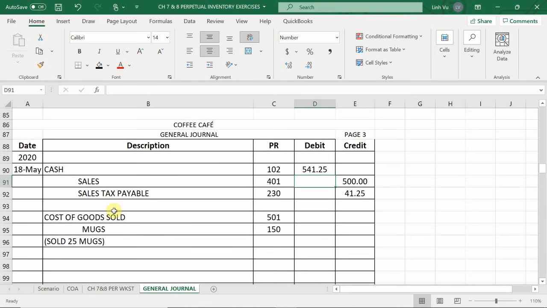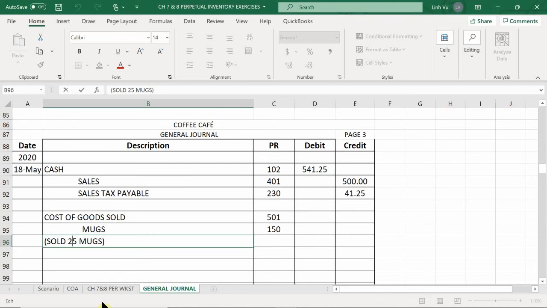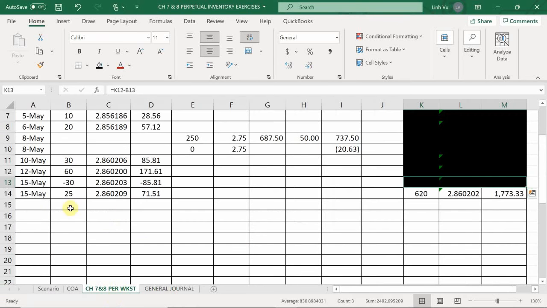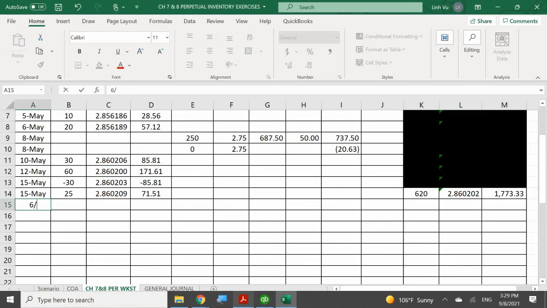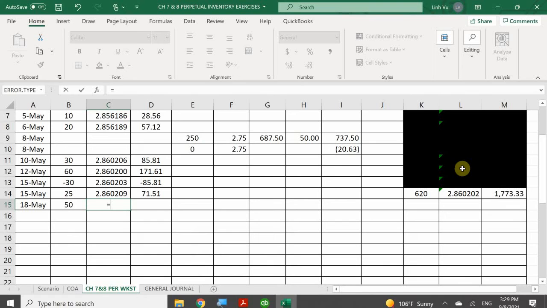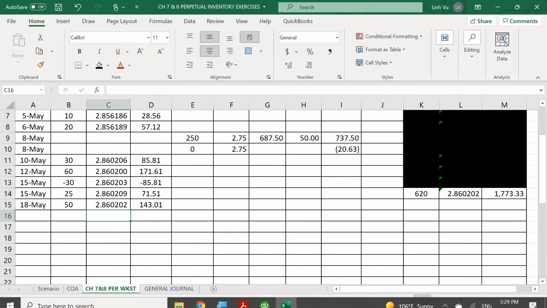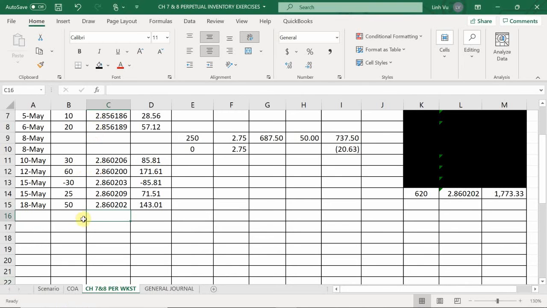And now we need to calculate our cost of goods sold because this time we sold 50 mugs. So cost of goods sold. Okay, inventory worksheet. It is 615 or 618. And we sold 50 mugs at what total cost? What's my total cost?